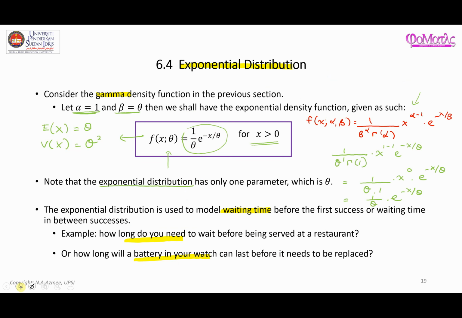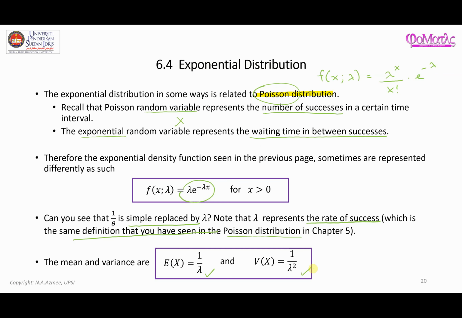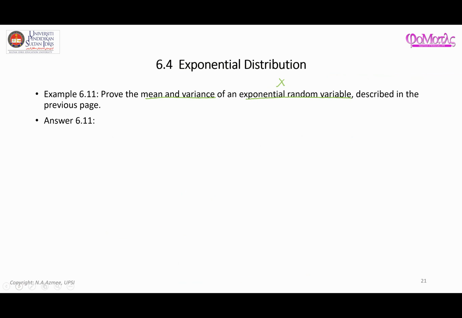Right. Next, in this example, we are going to prove that the mean and variance of an exponential random variable, so this is our random variable, are as described on this page. So we're going to try and prove these two results, okay? We're going to start off with finding the expected value of x.